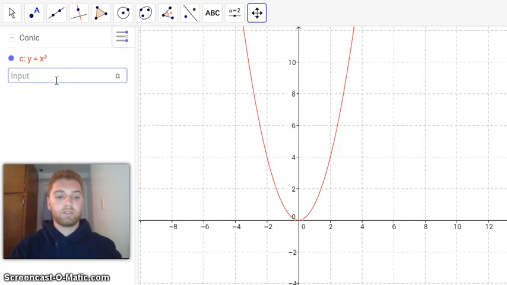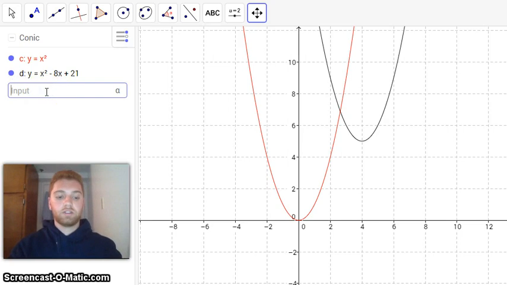I'll keep the base graph right here, and we'll do now y equals x minus 4 squared plus 5.